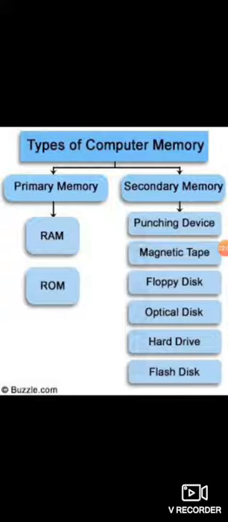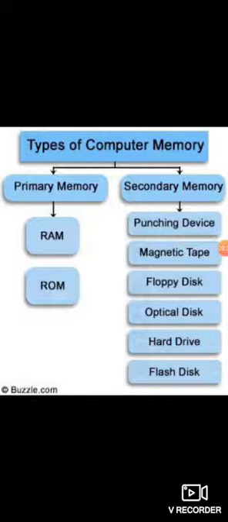Now we come to the types of memory. Memory is further classified into two types: primary memory and secondary memory. Primary memory is the main memory of the computer. It is called primary memory because whatever work we perform on a computer is first held by the primary memory.